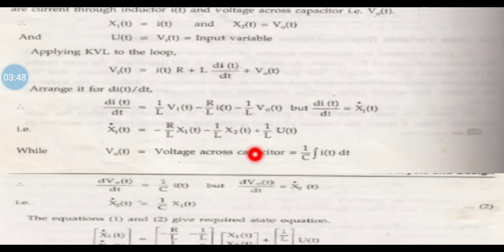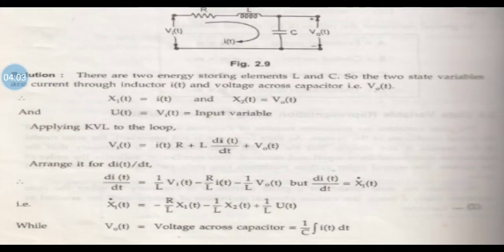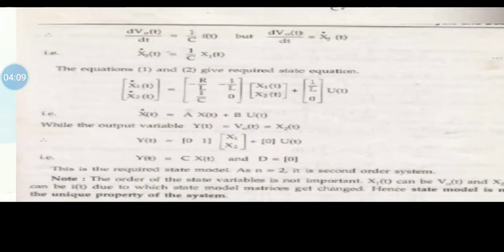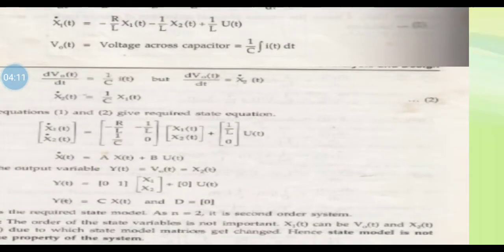V naught of t is equal to the voltage across the capacitor, which is equal to 1 by C integration I of t dt. So the voltage across the capacitor is 1 by C times the integration of I of t dt. Now dV naught of t by dt will be equal to 1 by C I of t.